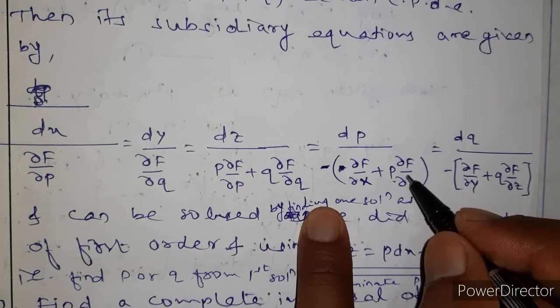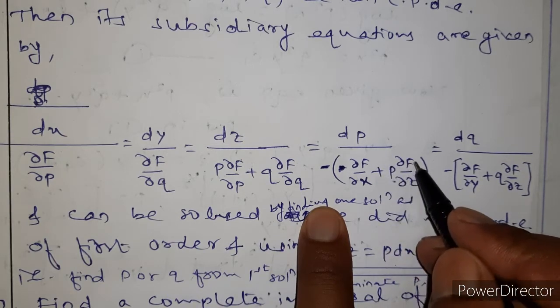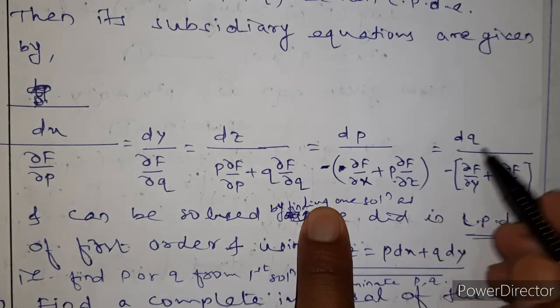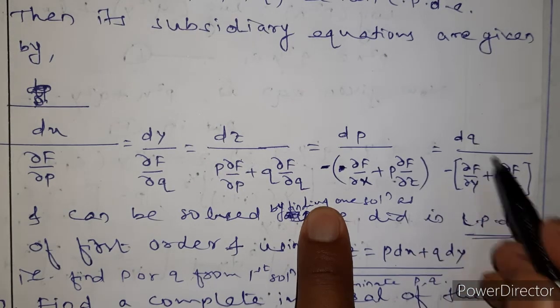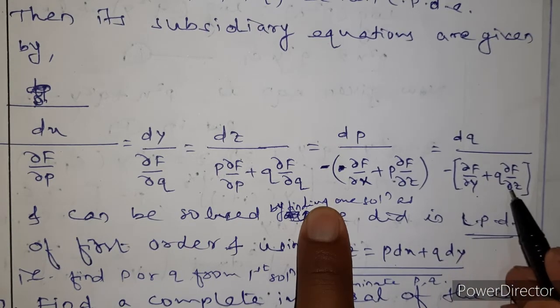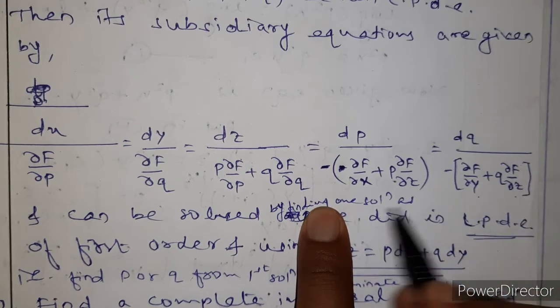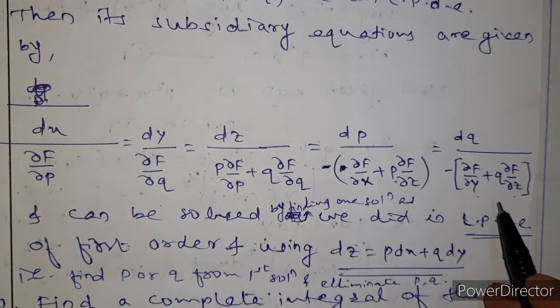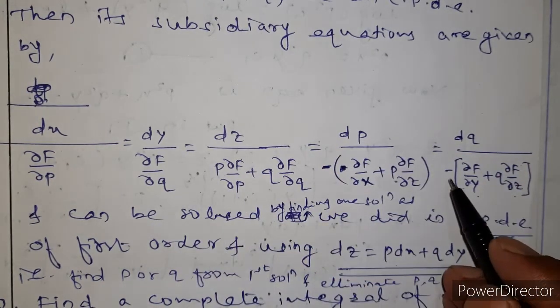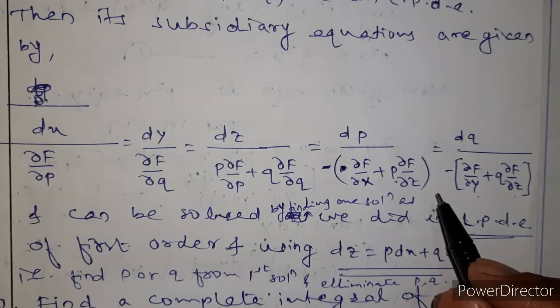You have to remember this, dp upon minus (∂f/∂x plus p into ∂f/∂z) is equal to dq upon minus in bracket (∂f/∂y plus q into ∂f/∂z). So these are the formulas. These we call subsidiary equations given by Charpit. So this method is called Charpit method.